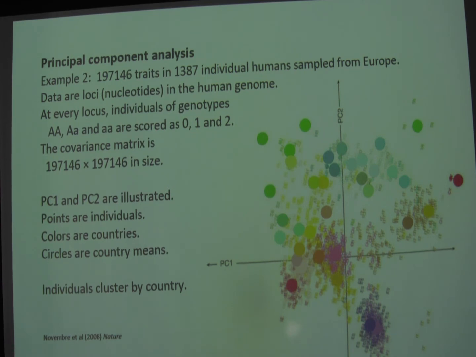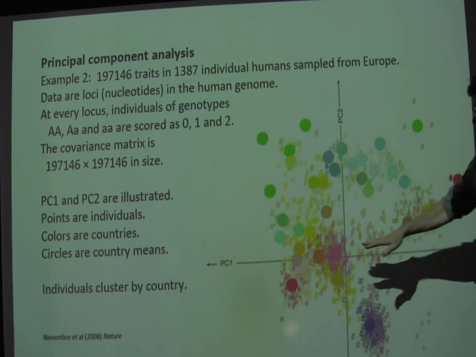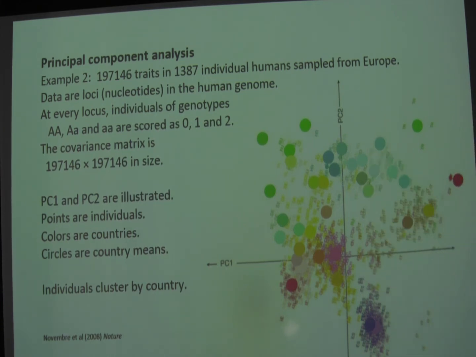And so what these authors did was they ran all of these data through principal component analysis and then plotted them in 2 dimensions. And here they are. PC1 is here, PC2 is there, and the individuals are color coded by the country that they lived in.